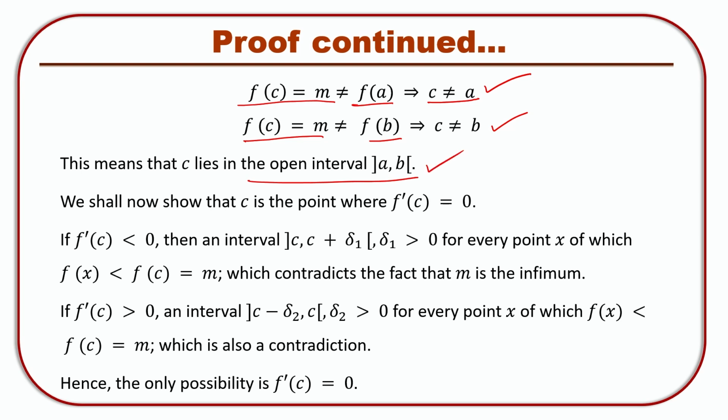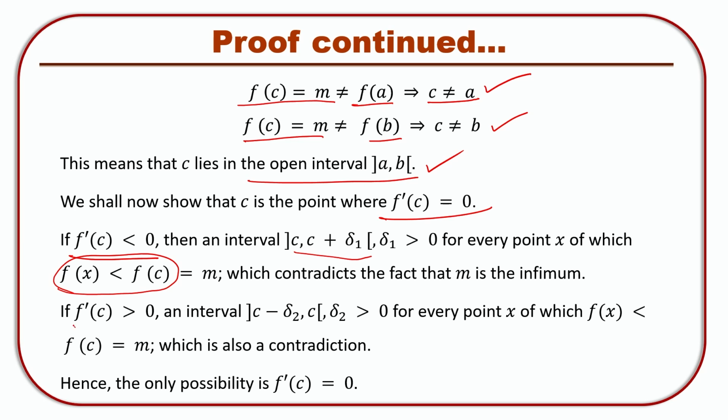So we shall now show that c is the point where f dash of c is going to be 0. If f dash of c is less than 0, use the procedure where we had proved Darboux theorem. Using the same approach, f dash of c less than 0 means f(x) is less than f(c) for each x in c plus delta 1, right?